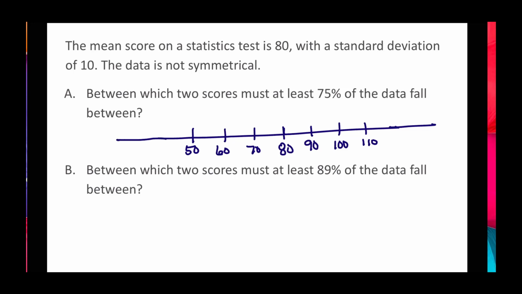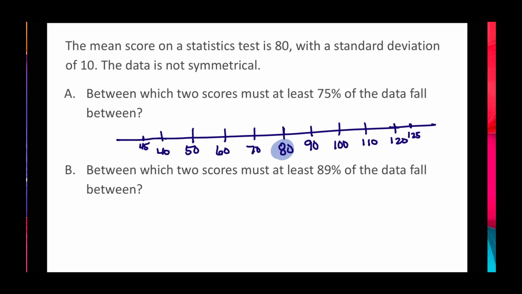So if I go out 4, I just want to mark the mean so I remember where that is. 1, 2, 3, 4 would be 120. 5 would be 130, so a half would be 125. And then if I go down 10 more here, that'd be 40, and then half would be 45.